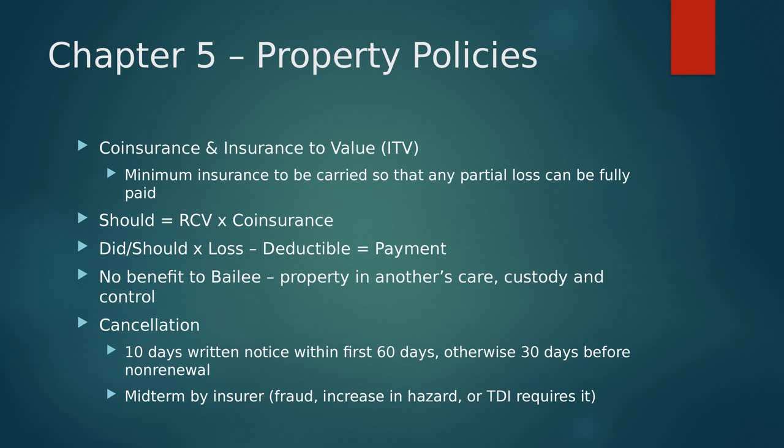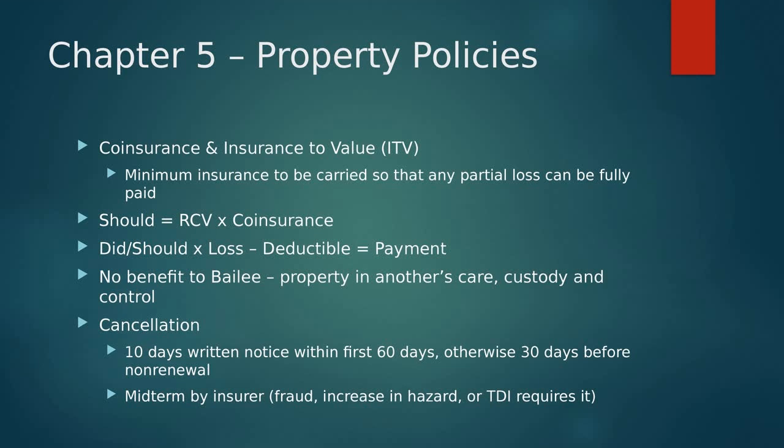The first thing we do is take the $100,000 times the 80% to calculate what we should have had on the insurance, which comes out to $80,000. Now we take the $40,000 divided by the $80,000, multiply that by the $40,000 loss, and subtract out $1,000, which calculates out to $19,000 of payment to John.